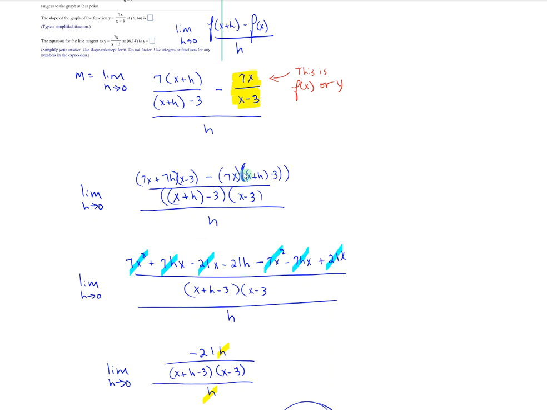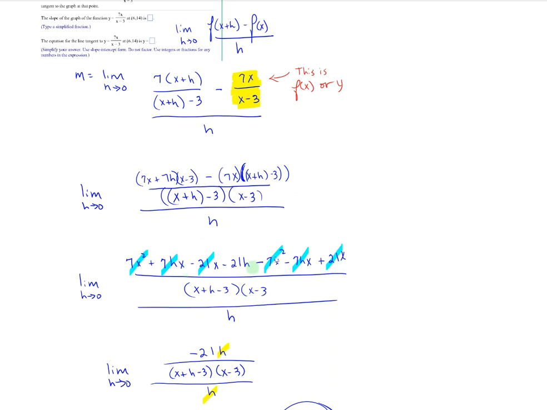Then we have 7x squared, 7xh or hx, and 21x. We have a minus for these two terms and a minus minus, so that becomes a plus. And we have this on the bottom.